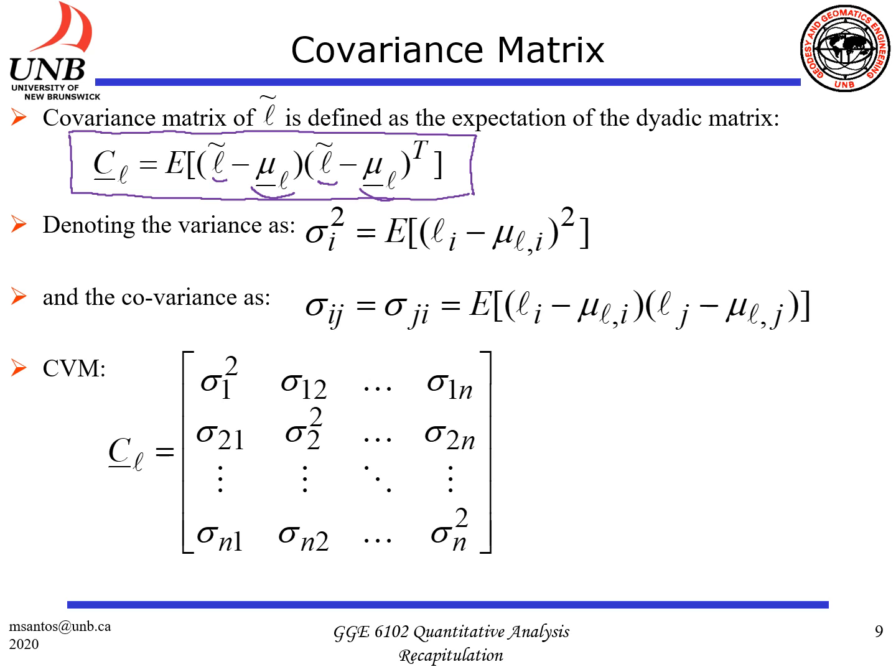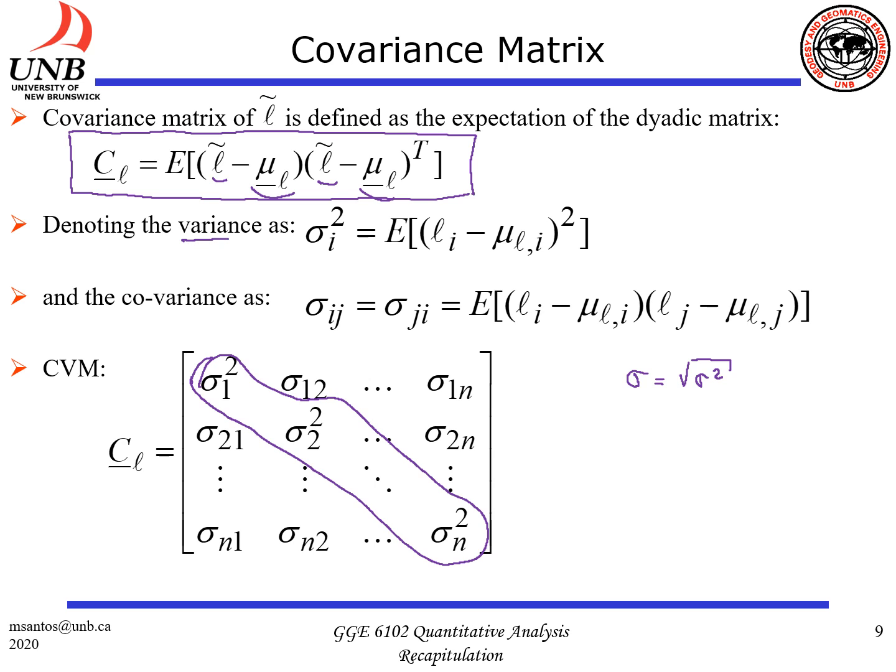But there are two types of elements in this covariance matrix. We have the variances. The variances are related directly with the spread. We know that standard deviation is the square root of the variance. Both are associated with the spread.